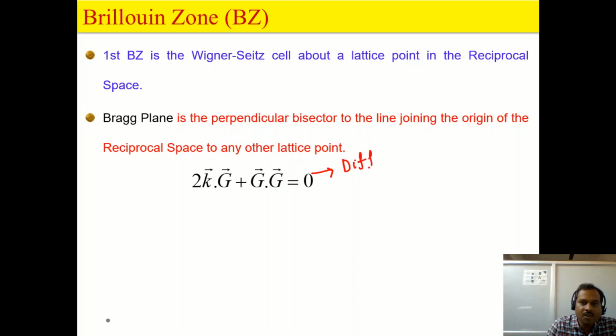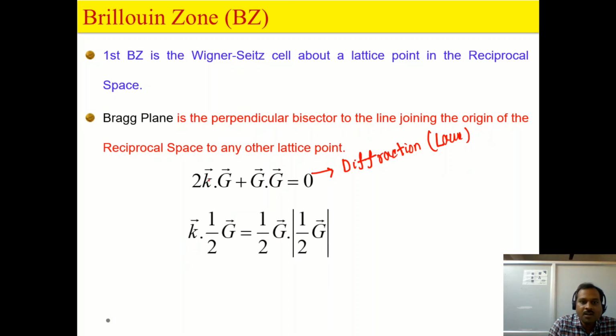It was prescribed by Laue, and basically the Laue and Bragg conditions are the same. The similarity between them we have already verified in our previous lectures. So 2 k dot G plus G square is equal to 0. Now if I divide it by 2, this is how the relation looks.